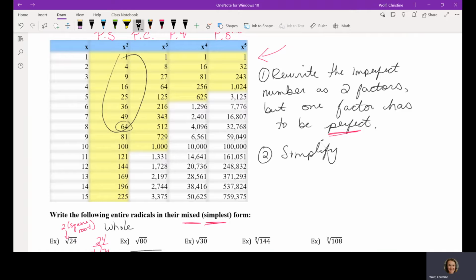No way. Can 49 times something give you 80? No way. 36 times something give you 80? No, and all you have to do is go 80 divided by 36 on your calculator. It gives you a decimal, so you know that's no good. 80 divided by 25? Nope, it gives you a decimal. 80 divided by 16? Bingo! We can divide 80 by 16 perfectly.